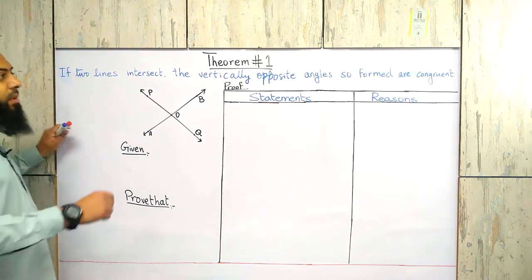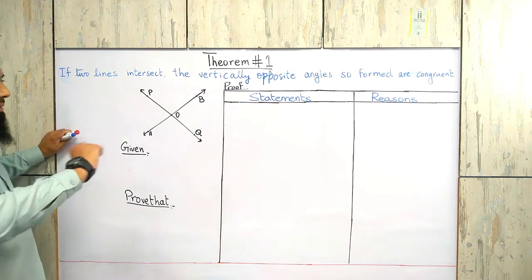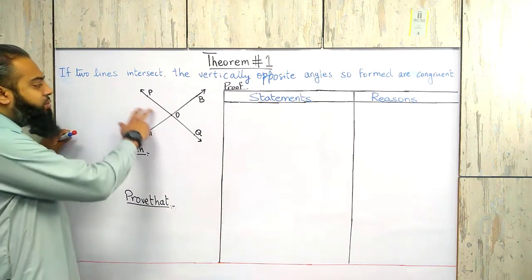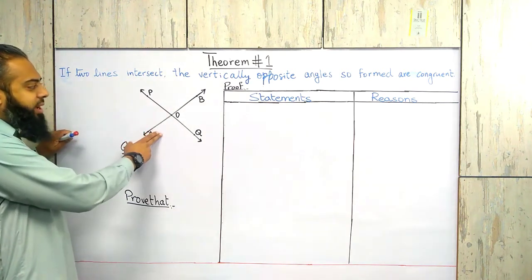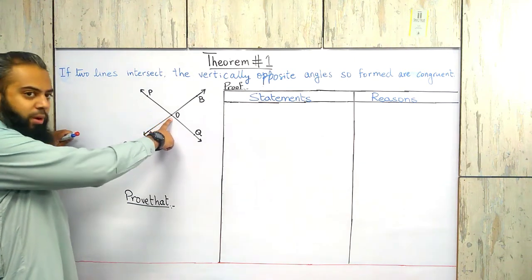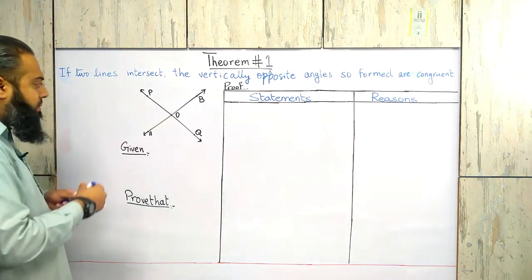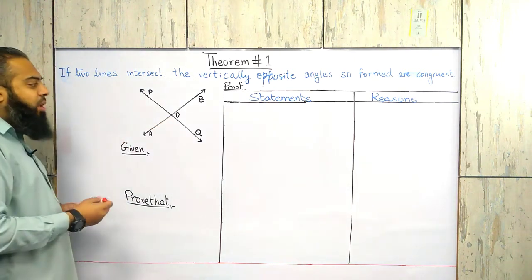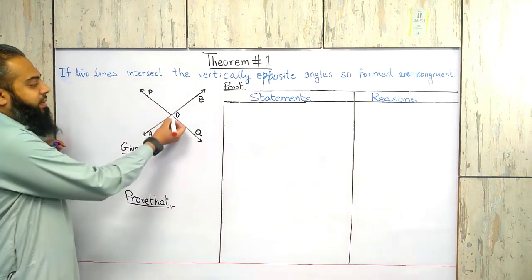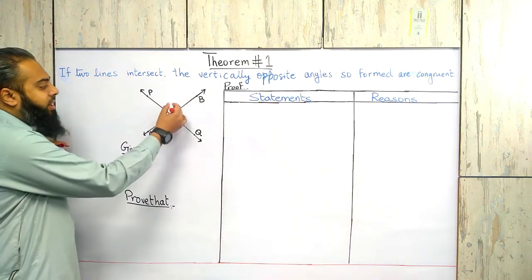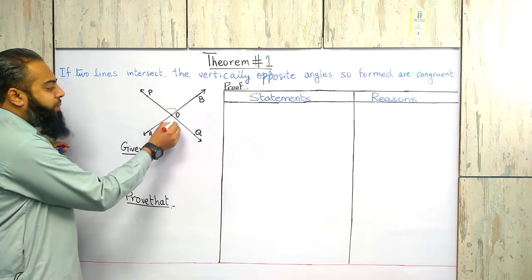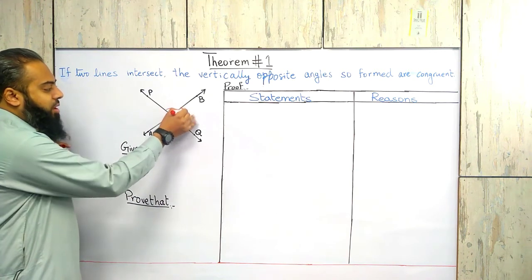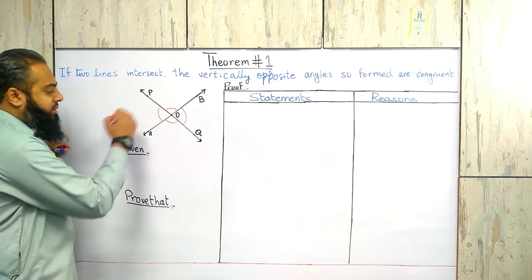Okay, now in this figure we have two straight lines which are intersecting at point O. On this point we can clearly see that we can have two pairs of alternate angles.